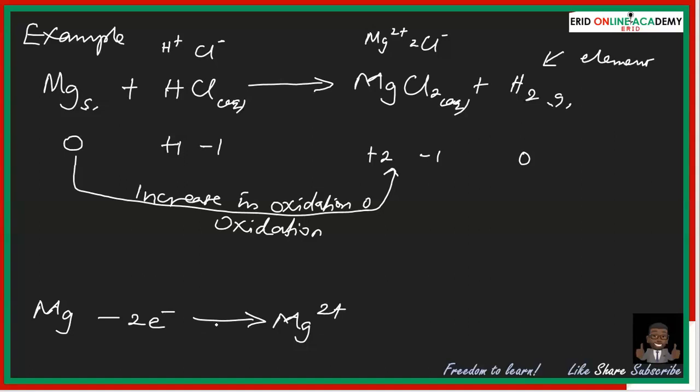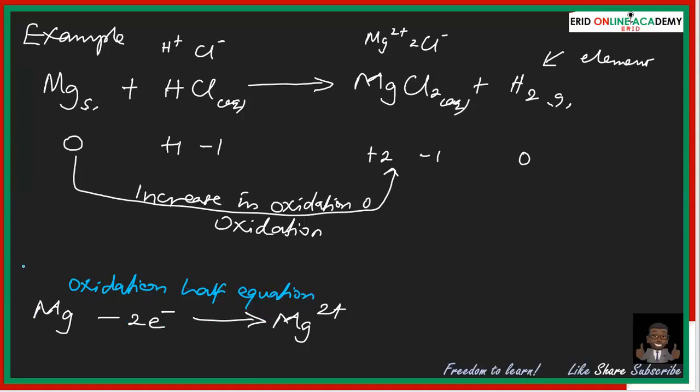So you can see loss of electron is oxidation. So it means that this is the oxidation half equation. Okay? Oxidation half equation. Magnesium has lost electrons.